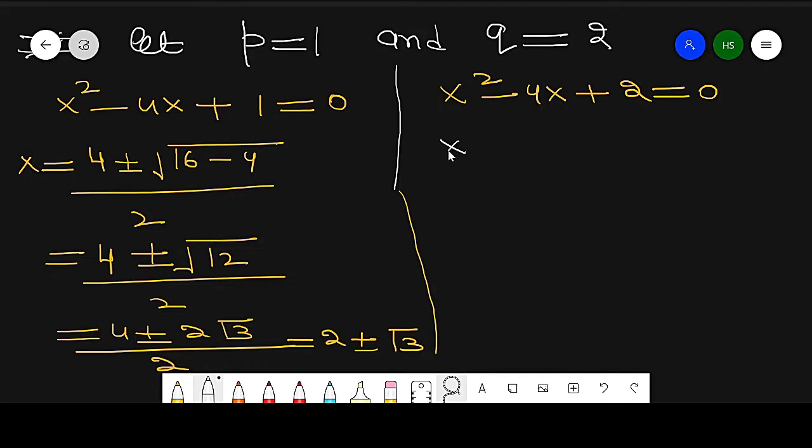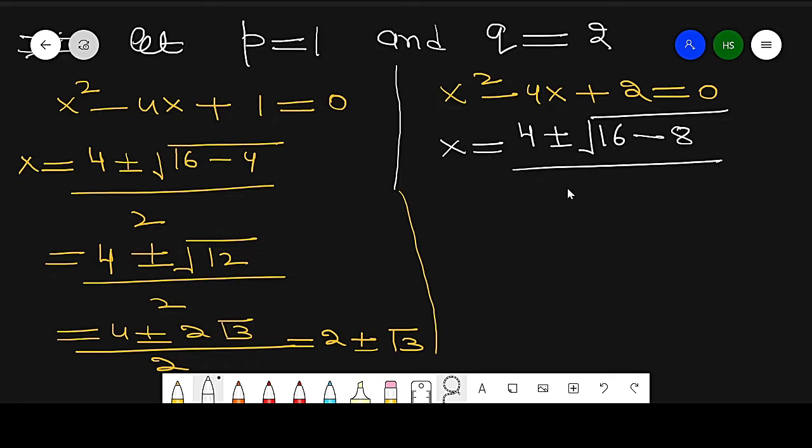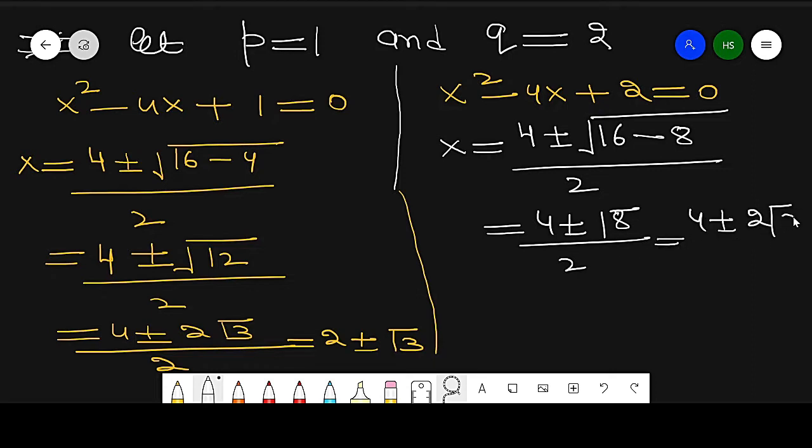Now the other two roots: 4 plus minus square root of 16 minus 4ac, so this is 8 over 2, 4 plus minus square root of 8 over 2, so this is 4 plus minus 2 square root of 2 over 2. So this is equal to 2 plus minus square root of 2.